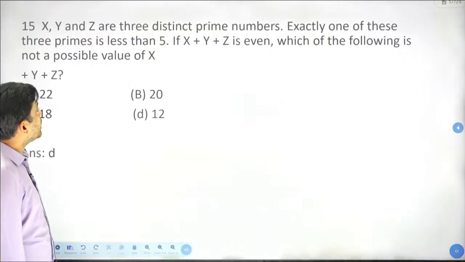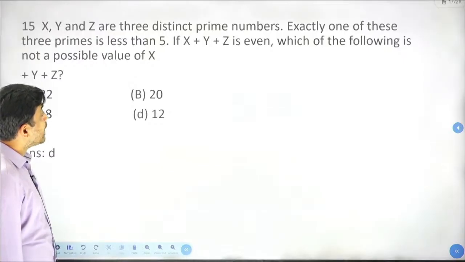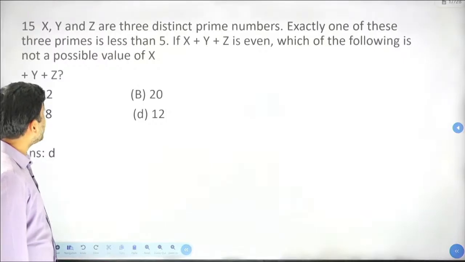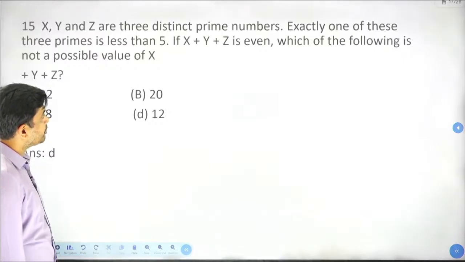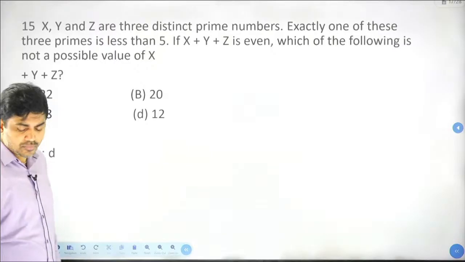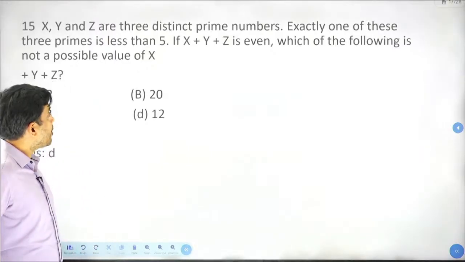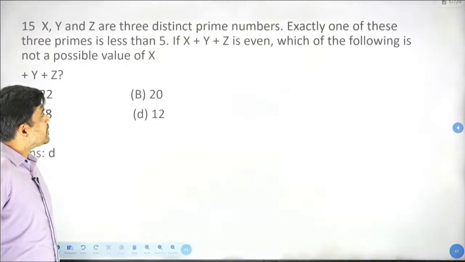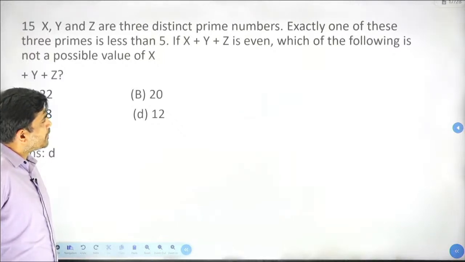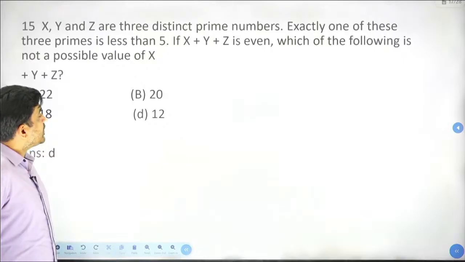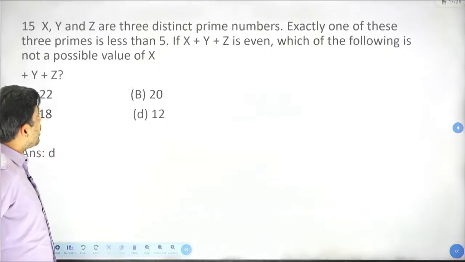X, Y, Z are three distinct prime numbers. Exactly one of these three primes is less than 5. Good question again. So one of the number is less than 5, maybe 2, maybe 3. X plus Y plus Z is even. They are saying it is even.